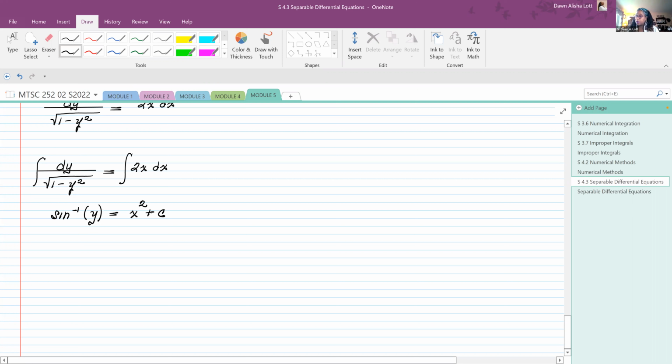Okay. I can take the sine of both sides and I get the sine of the sine inverse of y is equal to sine of x squared plus c. So that says that y is equal to the sine of x squared plus c.